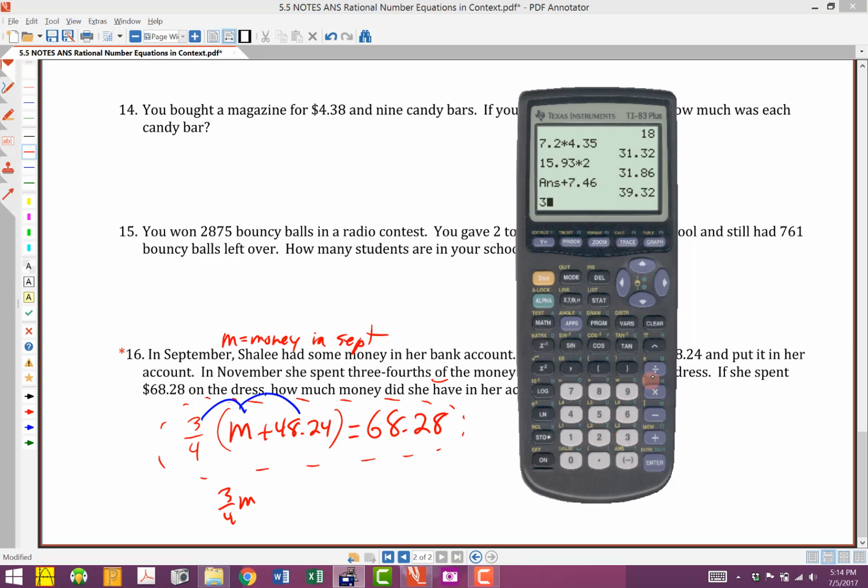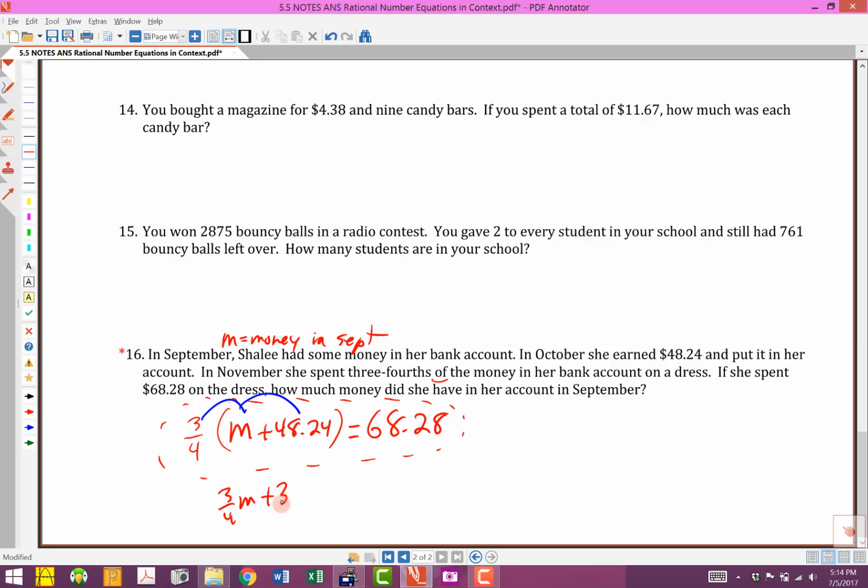So 3 divided by 4, times $48.24, is 36.18. So plus 36.18 equals 68.28. Now we need to isolate that variable term.